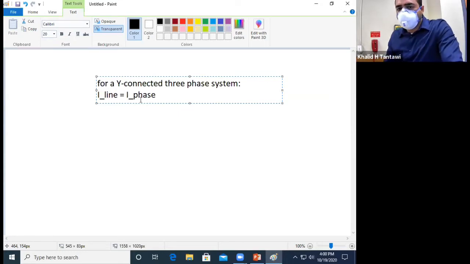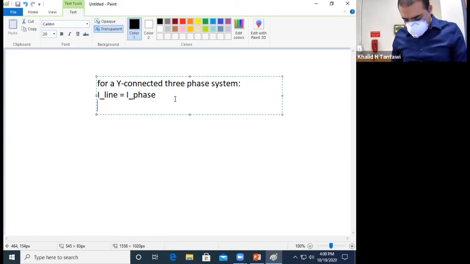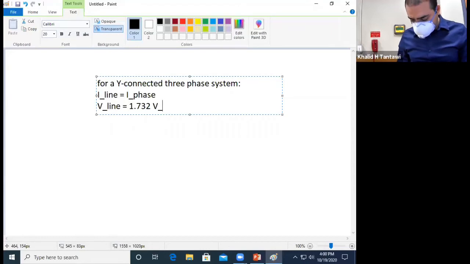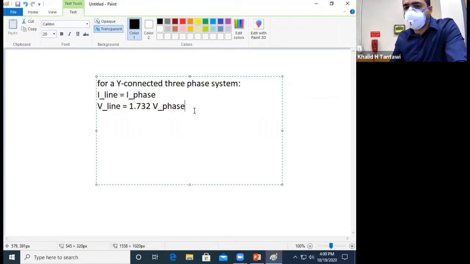The line current is equal to the phase current. Here is really a summary of everything that we're going to see. The line voltage is equal to 1.732 multiplied by the phase voltage. And where did the number 1.732 come from? Anyone know? This is the square root of 3.